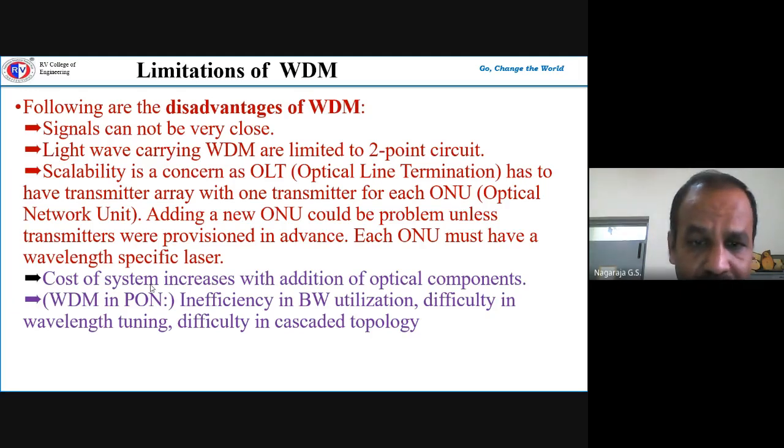Cost of the system increases with the addition of optical components. You have to pay for it accordingly. Then inefficiency in bandwidth utilization, difficulty in wavelength tuning, then difficulty in cascaded topology as well. I think you have pros as well as cons.